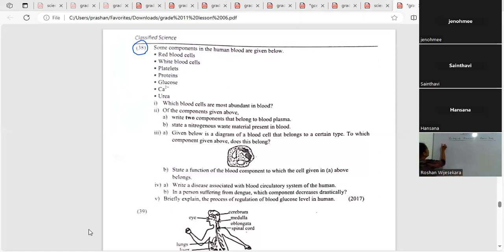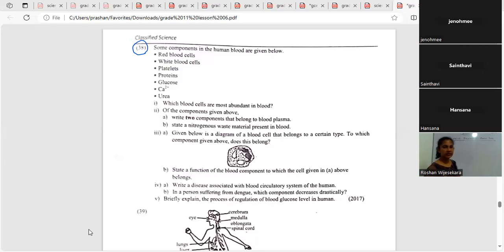Question number 38. In your O-level exam also, if you take a new paper, you have to write the correct question number again. 38 question, 5th part. Now I am going to write the answer for that.